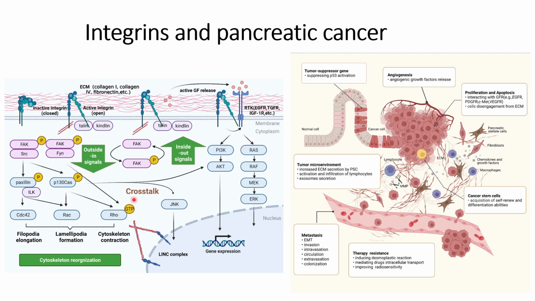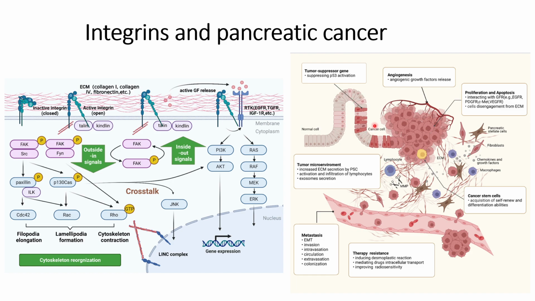So this is just an overview. The common integrin that has been found in pancreatic cancer and that helps in its progression is integrin beta 1. This integrin beta 1 has been found to play a role in almost every step of pancreatic cancer progression, as shown in the right-hand side figure.